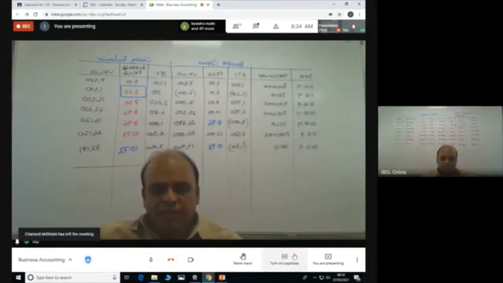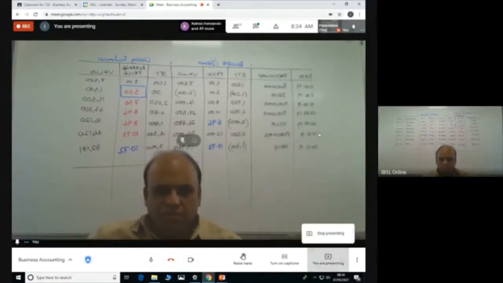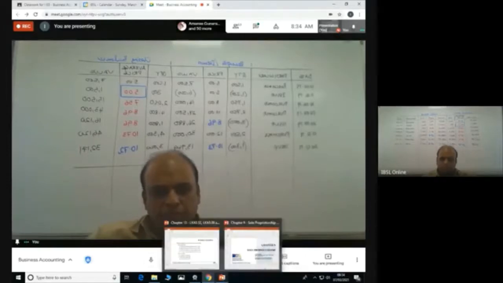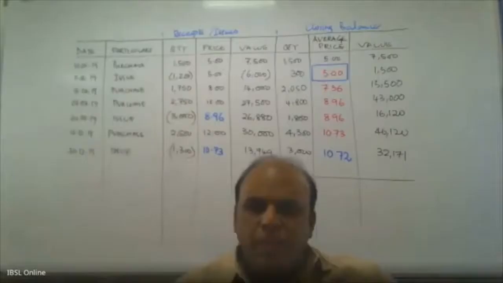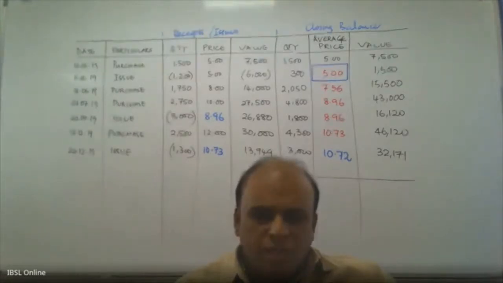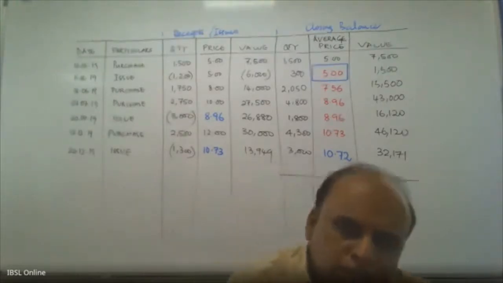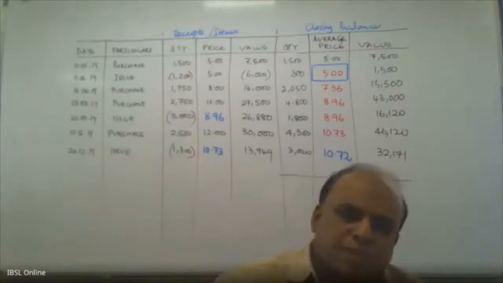Now, why is there a difference? Because here you are using an average price. But whereas in the earlier scenario, we were more focused on using the very old price for the inventory management.